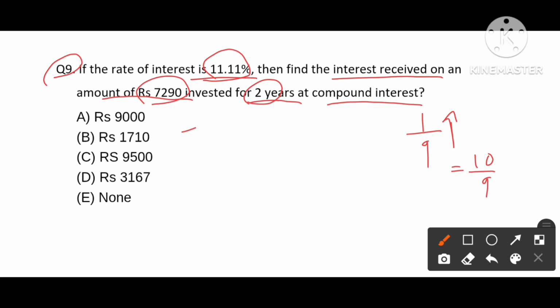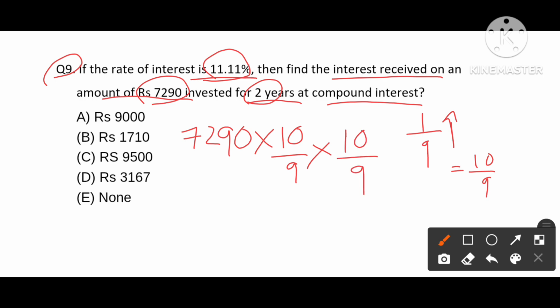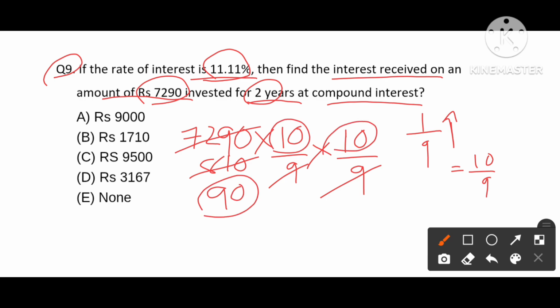So we can find the value of the amount by calculating this with 10 by 9 for the first year, and 10 by 9 for the second year. By calculating this, we can get the value of the amount. 81 times 9, 90 times. So what we are left with is 90 into 100, which will be 9,000. 9,000 is nothing but the amount.